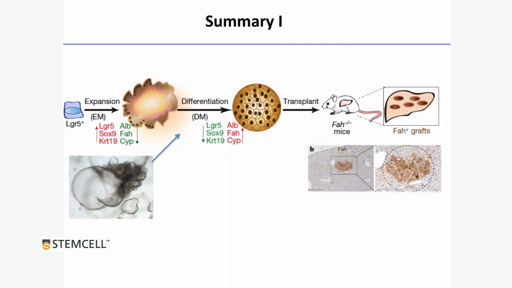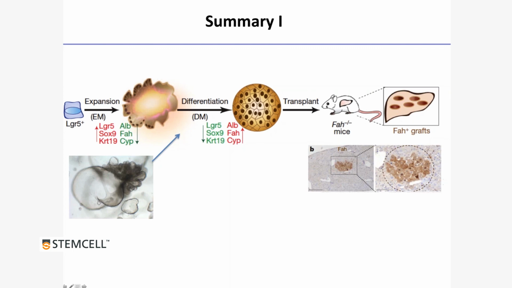Now, if we center on the liver, what we see is that if we differentiate them into hepatocytes, the cells start expressing classical hepatocyte markers, and we can transplant these cells in vivo into a mouse model of a liver disease, and we can find back the cells that we transplanted.